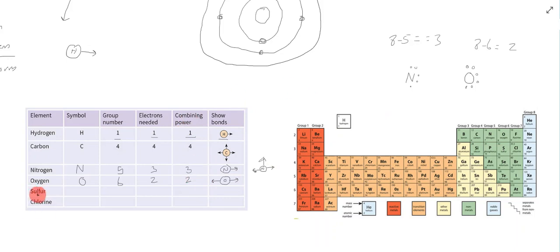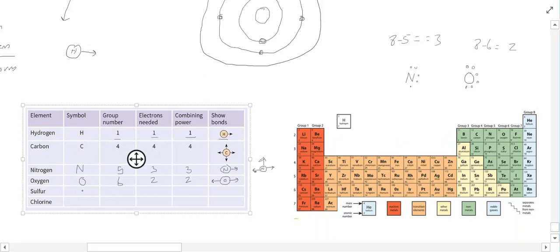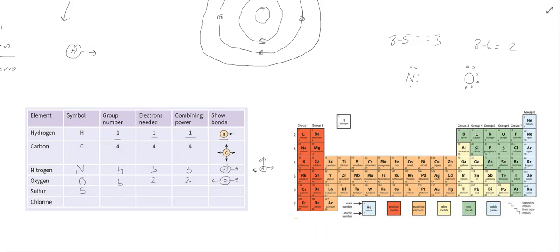If we think about sulfur then, here's sulfur on the periodic table. Its chemical symbol is S. Its group number, we can see that it belongs to group 6.